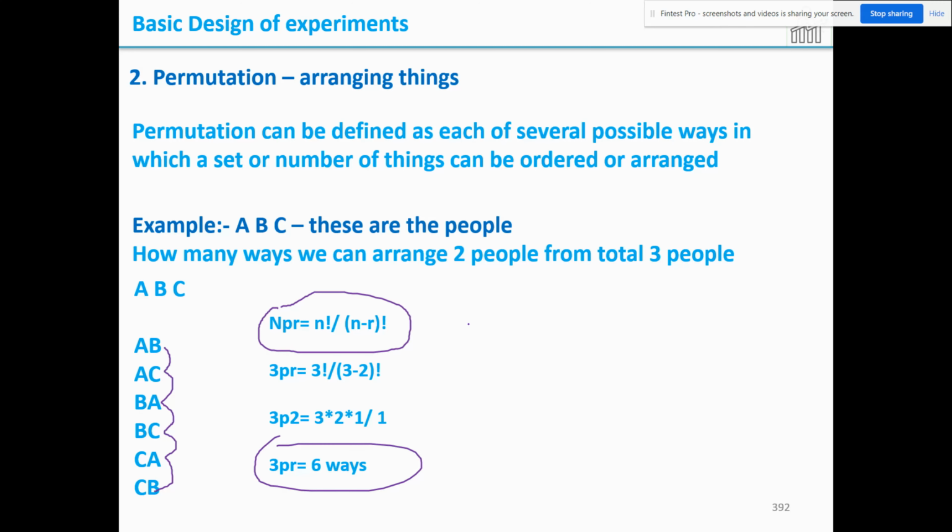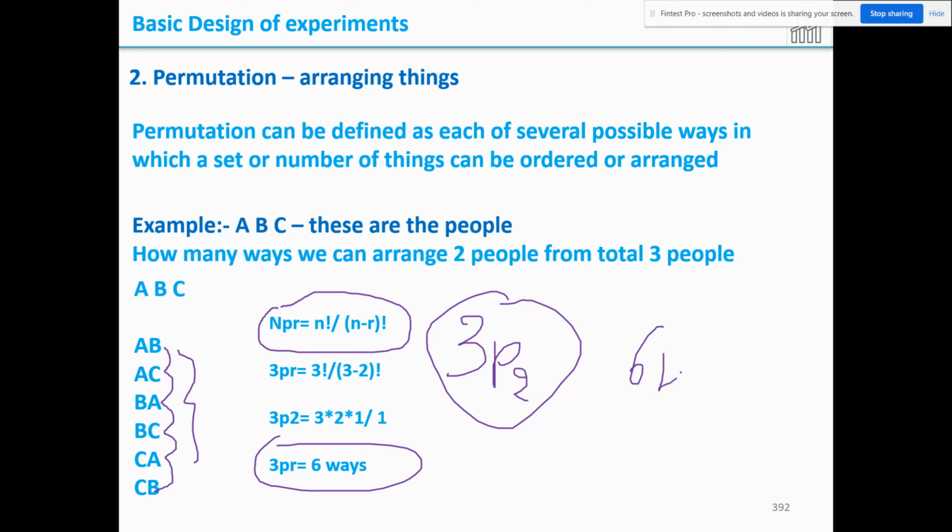That means three people in permutation of two, 3P2. In six ways we can arrange AB, AC, BA, BC, CA, CB. So now you got an idea of permutation. Permutation is nothing but arranging things.